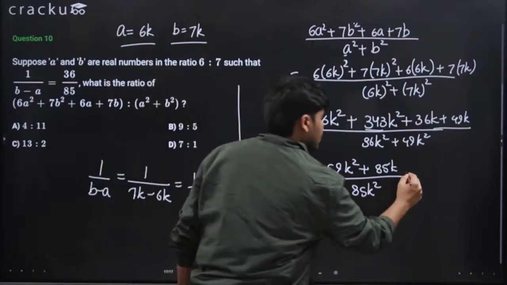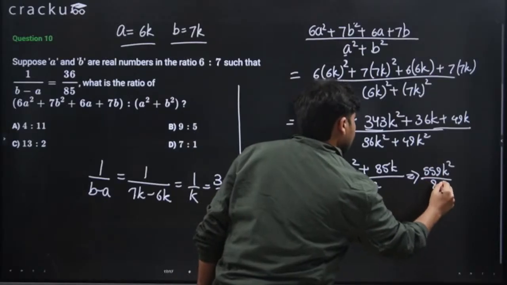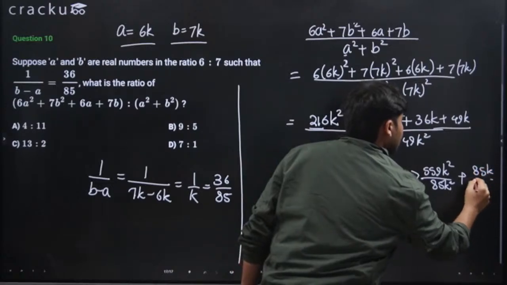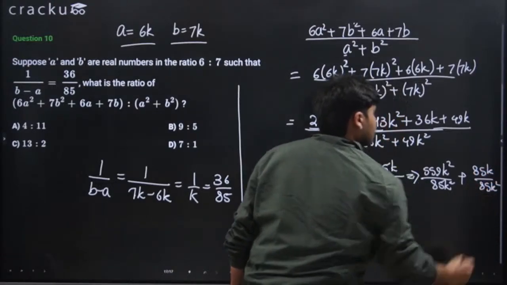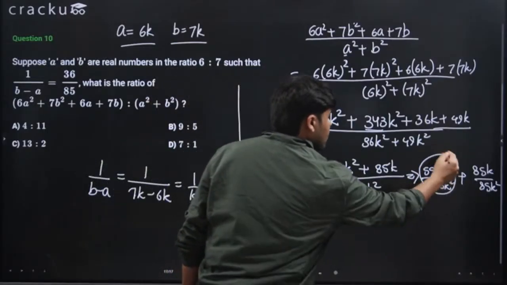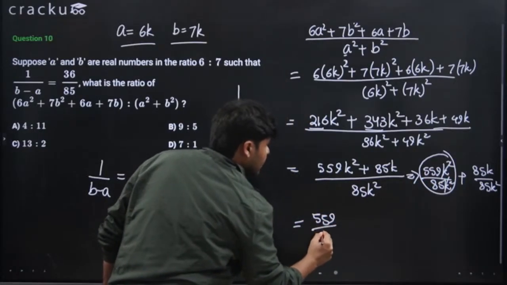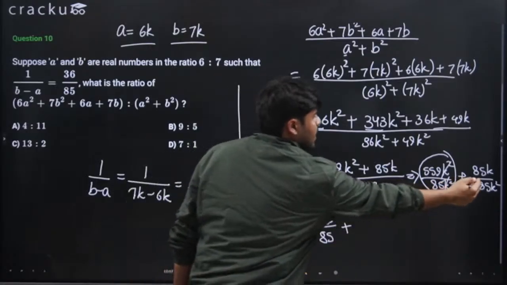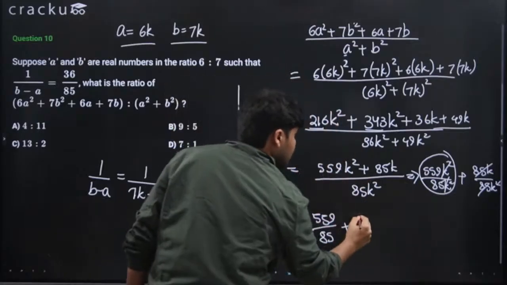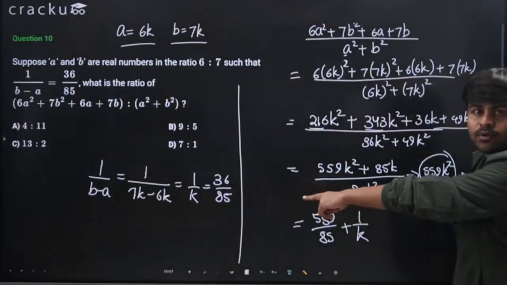This can be written as 559k squared divided by 85k squared plus 85k divided by 85k squared. Now k squared will cancel out, this will give us 559 upon 85 plus, 85 and 85 cancel out, and k cancels with k squared, leaving 1 upon k. We know the value of 1 upon k is 36 upon 85.